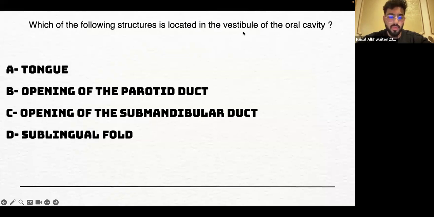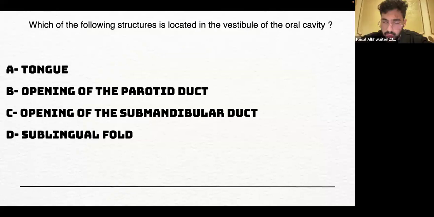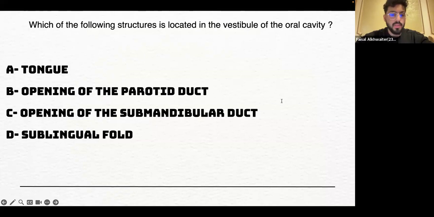The vestibule is in between the teeth and the inner part of the lips. I don't know how to explain. So between the teeth and lips, what you're saying is correct.